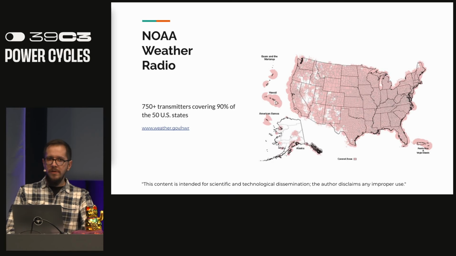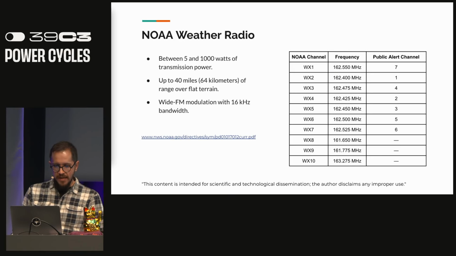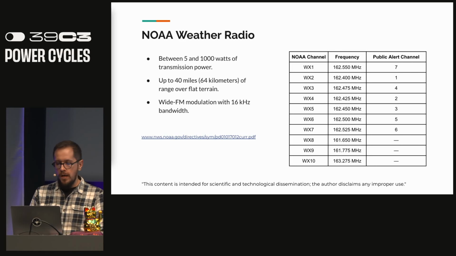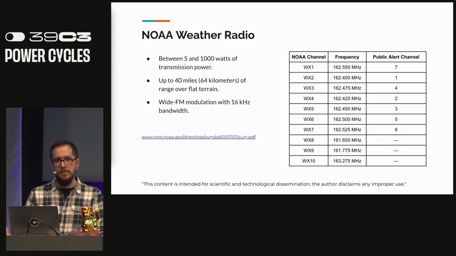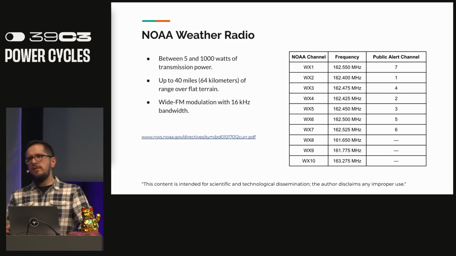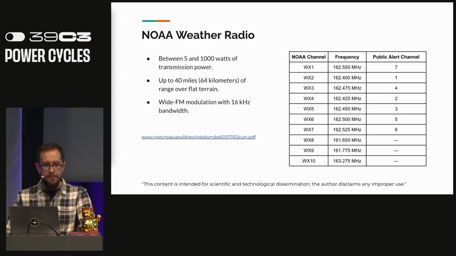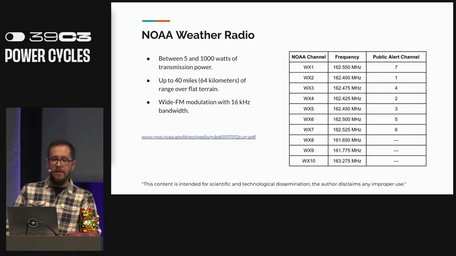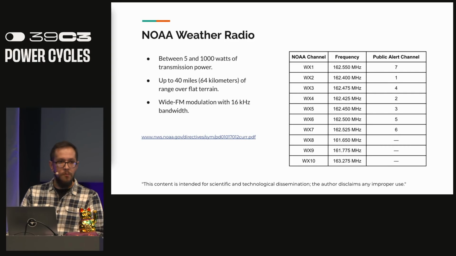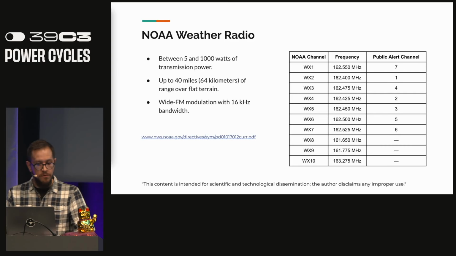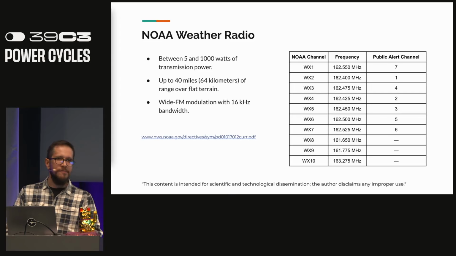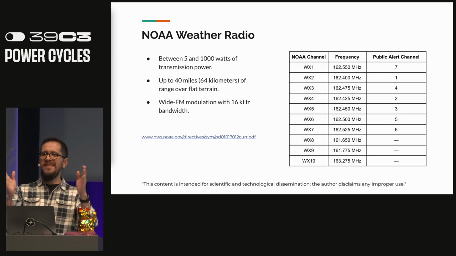So this is where the UC part starts. NOAA Weather Radio transmitters are between 5 and 1,000 watts of power. In Mexico City, the transmitters are like 100 watts. They have up to 54 kilometers of range on flat terrain, and they use wide FM modulation with 16 kilohertz of bandwidth. So yeah, it's wide FM, but for modern times, it's quite narrow.